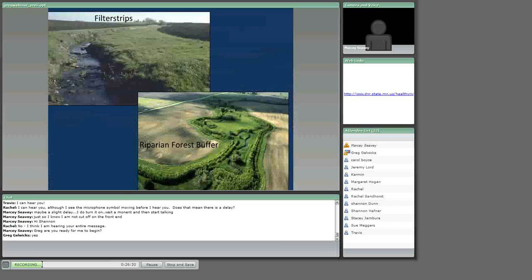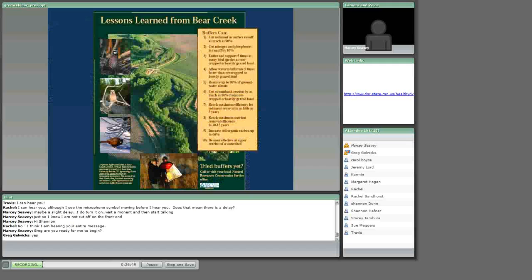And some other practices that have shown a lot of promise are filter strips and riparian forest buffers. And these have been shown to have a big impact in reducing effects on streams of some of the land use practices. And this is just a flyer from Bear Creek, which has had a tremendous amount of research done on it.